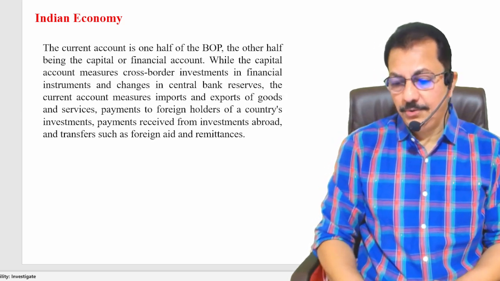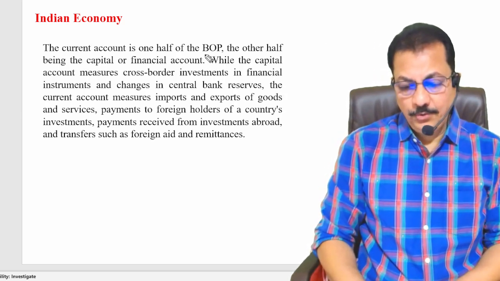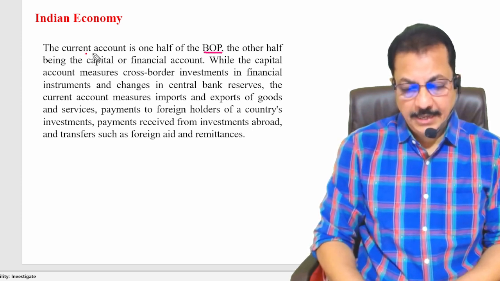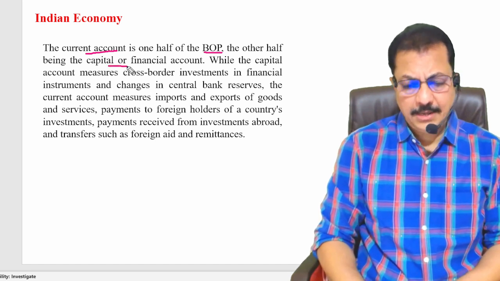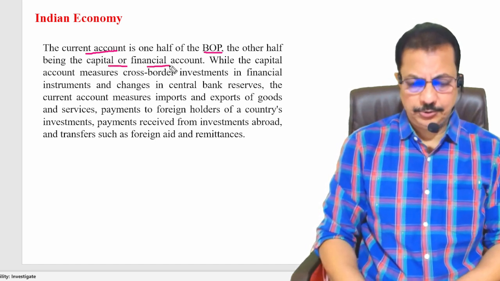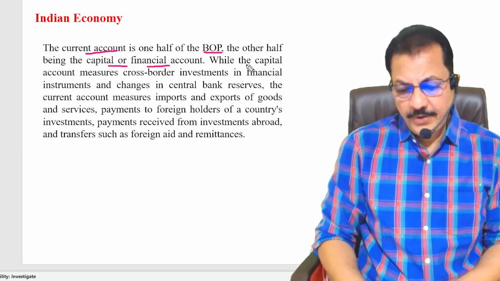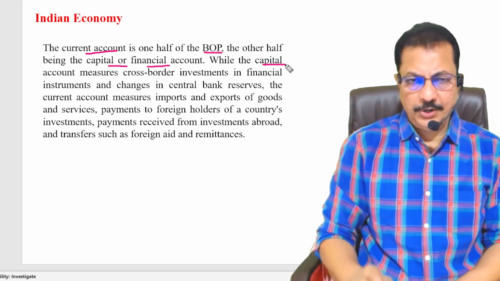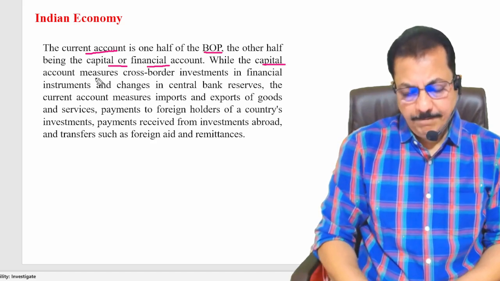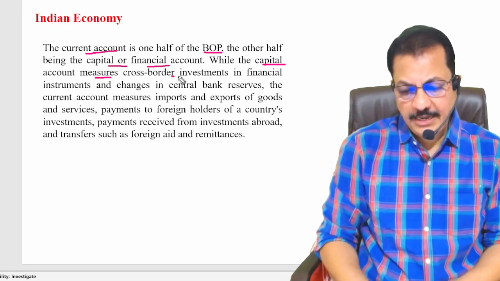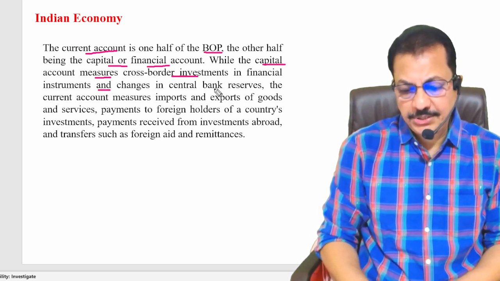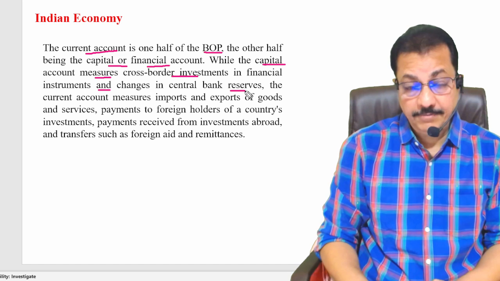Similarly, I told you this point, when you look at the balance of payments, one half is the current account and the other half is the capital account, otherwise also called the financial account. Is that okay? When it comes to the capital account, let me tell you one point here. It measures the cross-border investments in financial instruments and changes in the central bank reserves. Clear? Very, very important one.